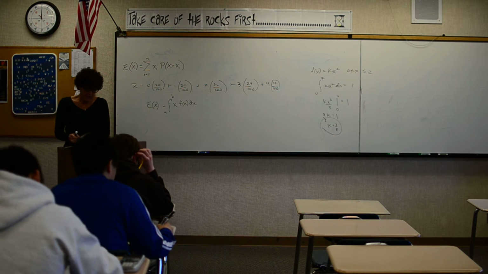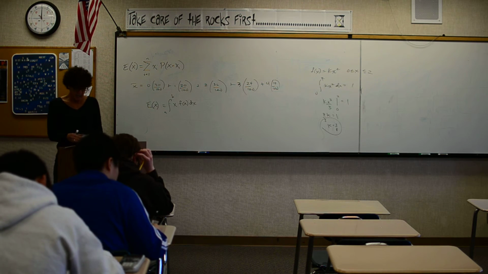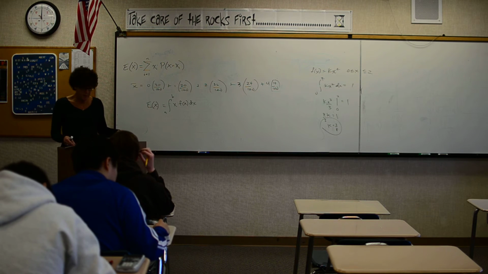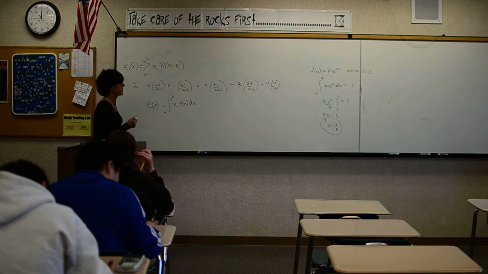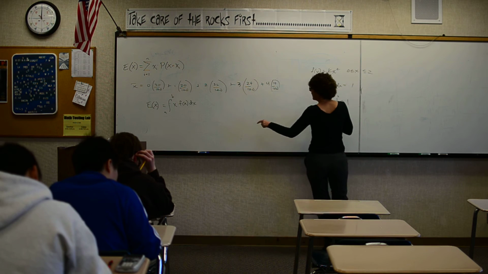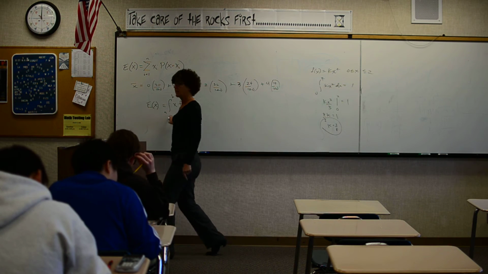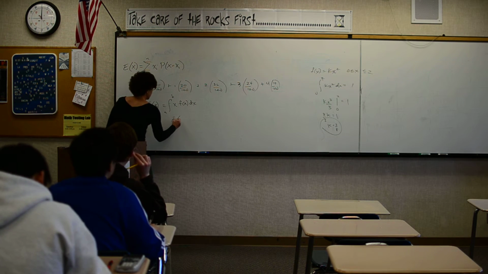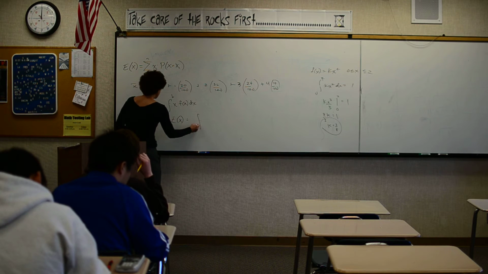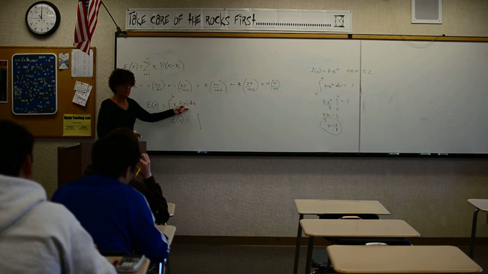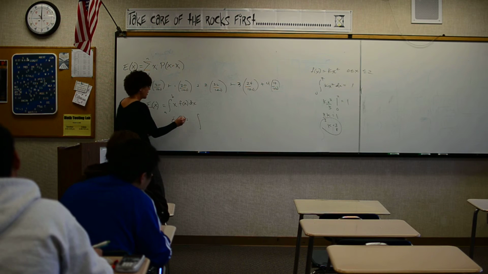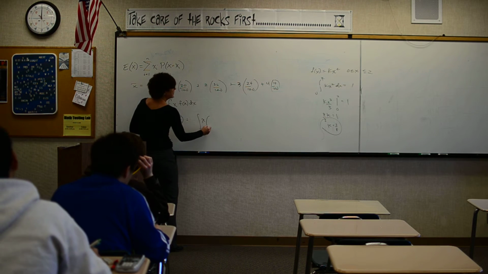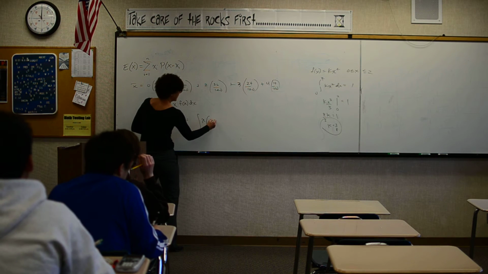B, calculate the expected value and the median. Well, what is the expected value? What's the formula I gave you for expected value? The expected value is x times f of x. So it's going to be x times 3/8 x squared, right?